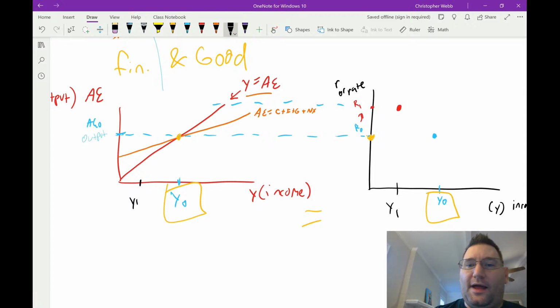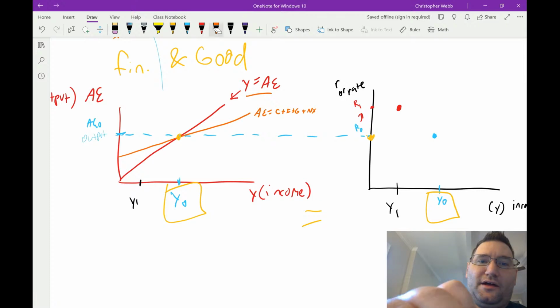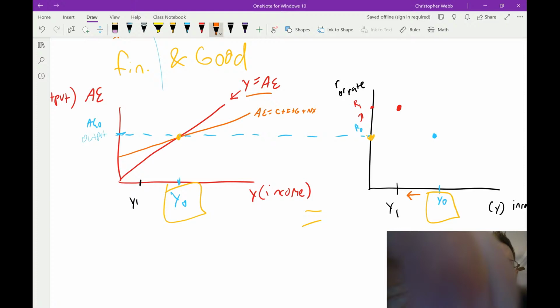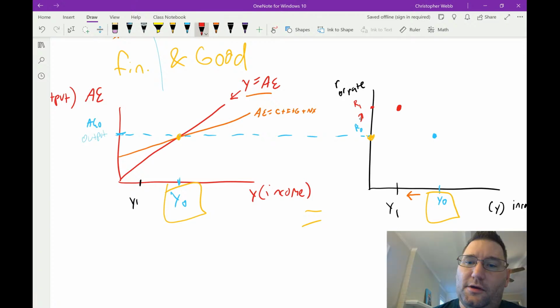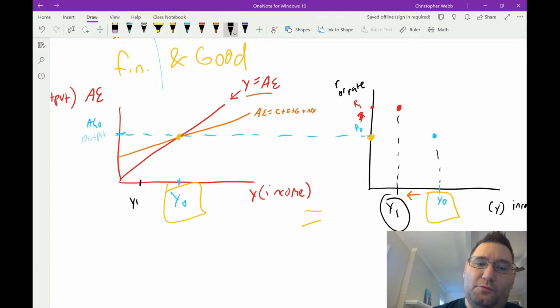oh yeah, actually, I'm sorry. This part right here, that's another graph. It doesn't cause the graph to shift to the left. It causes the graph to shift on the bottom. So an increase in rate right here to R1 causes a new balance right here to Y1, which shifts this down towards 0.